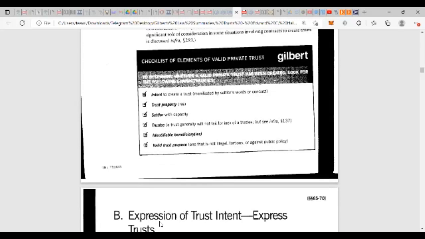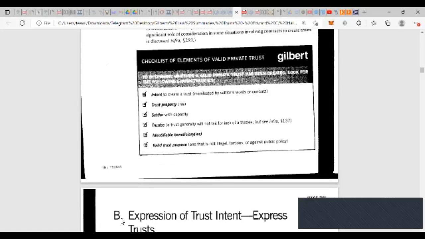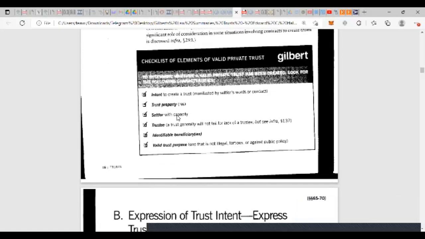It's to determine whether a valid private trust has been created. Look for the following characteristics: intent to create a trust manifested by settlor's words or conduct. Then it needs the trust property or res. You need a settlor with capacity. You need a trustee.